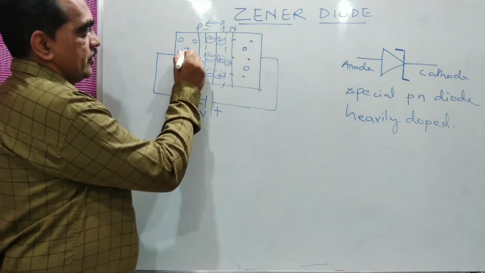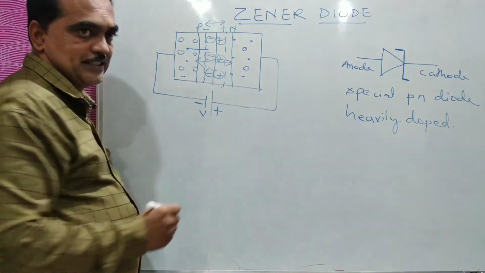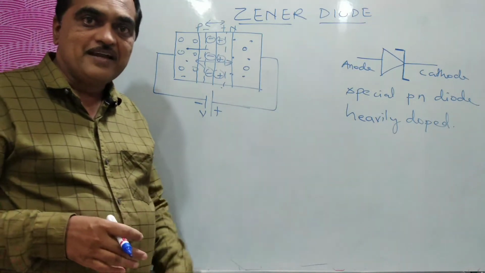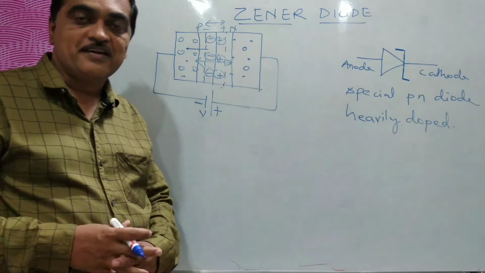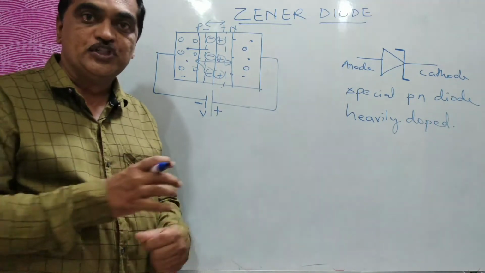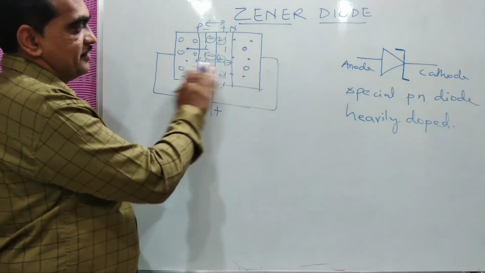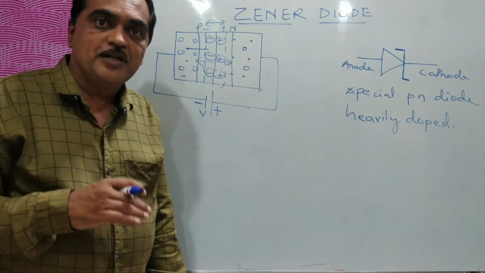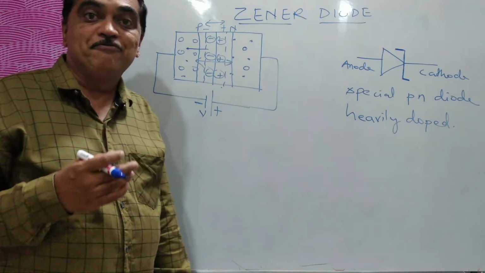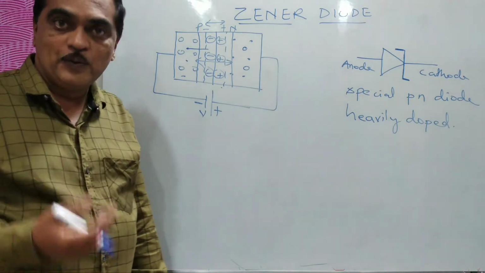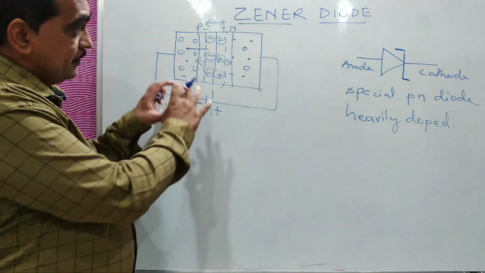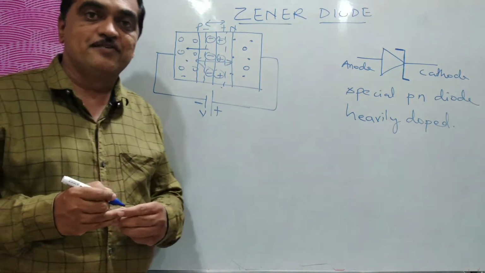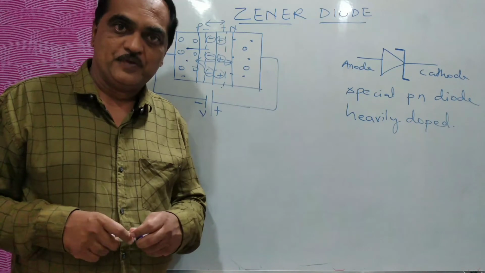Once they go through this junction they collide with other atom bonds, and many other charge carriers are developed because of this collision. Many free electrons are developed, and in that process a large current can flow, and that was called avalanche breakdown.